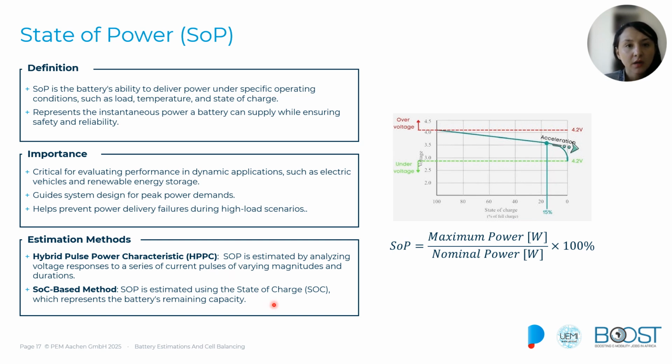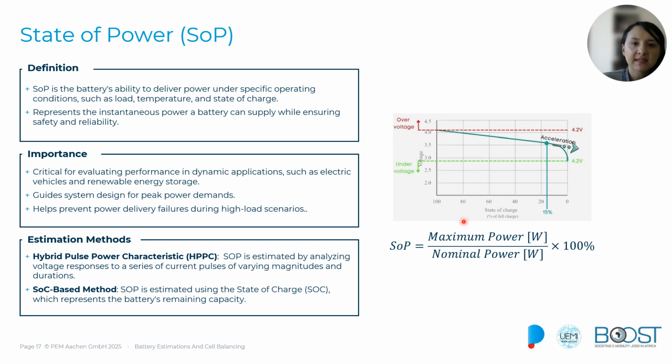There are two common methods used to estimate the state of power. First, we have the hybrid pulse power characteristic, which is one of the tests that we can do. In this method, a series of current pulses of varying amplitudes and durations are applied to the battery, and for each pulse in this pulse train, we analyze the voltage response of our battery, which helps us to determine the battery resistance, and the power capability is related to that resistance.